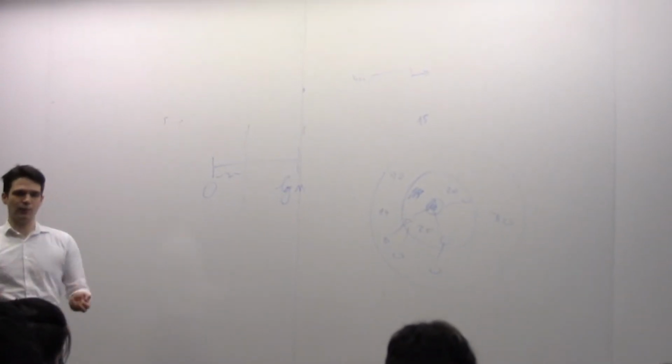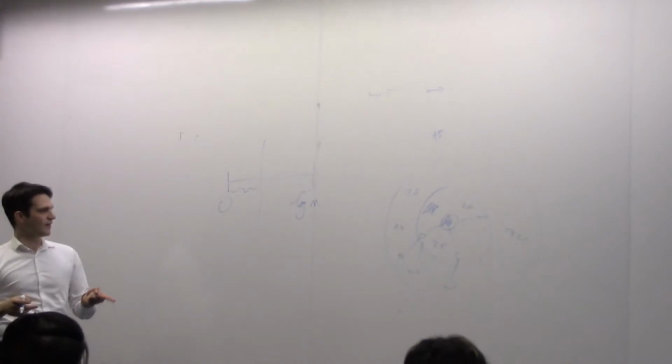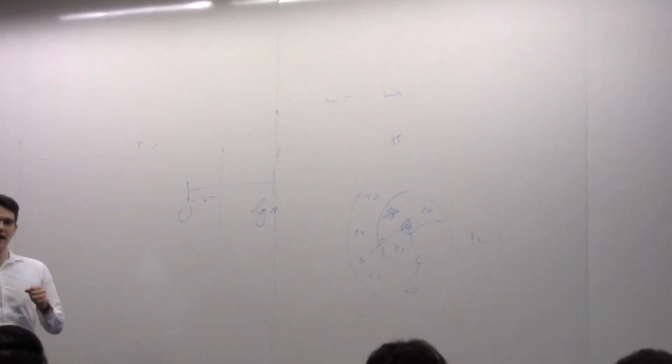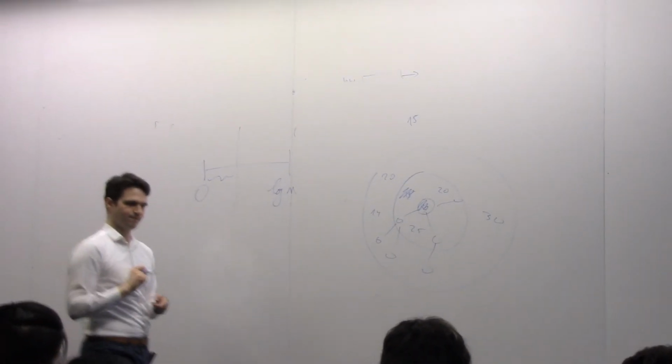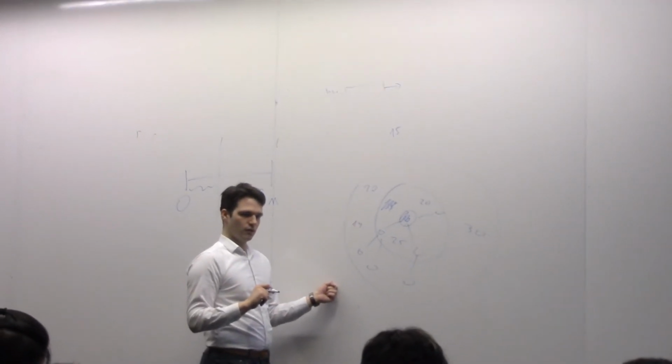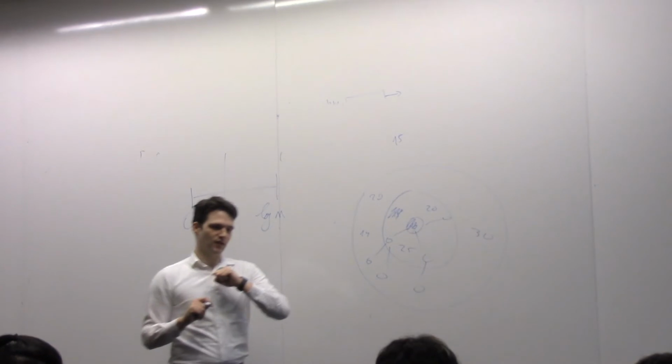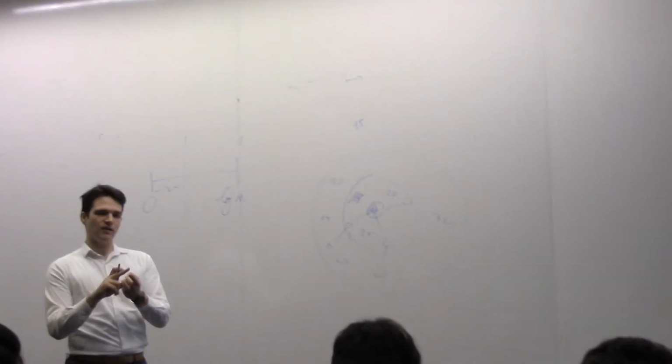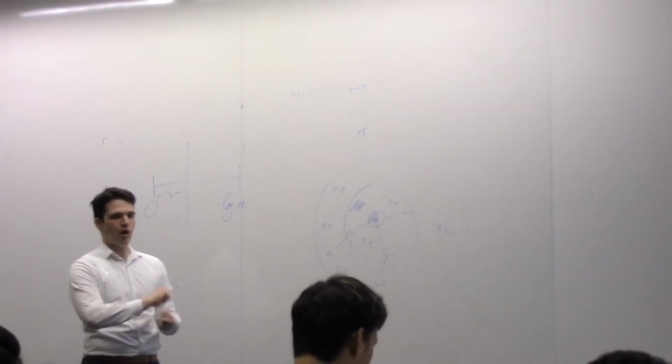Now you use the decay protocol, and you will learn: is there an active node in your vicinity? And now you do a couple of things. If there is an active node in your vicinity and you are not active, you drop out.